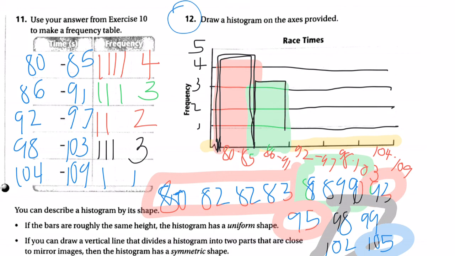So 92 to 97 was 2. 98 to 103 was 3. 104 to 109 was 1. So if we color these in, we had 2, 3, and 1. So this is a histogram that represents the frequency table that we showed in number 11.